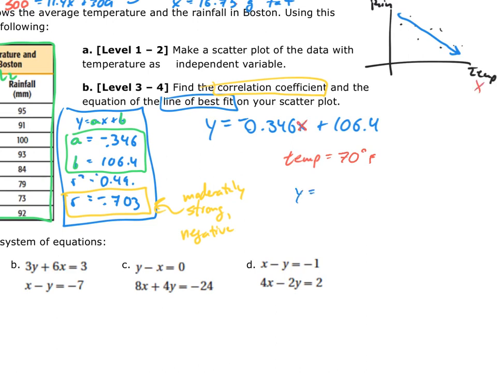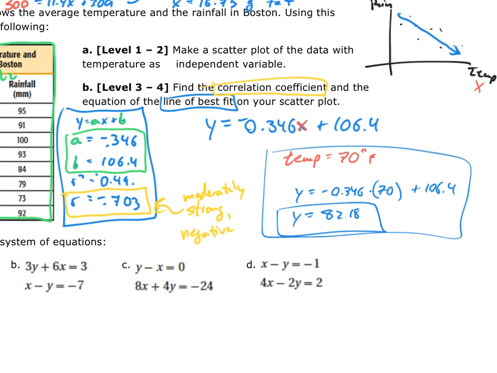This is Y equals negative 0.346 times 70 plus 106.4. I just made up the 70 as an example. So let's try that. Negative 0.346 times 70 equals negative 24 plus 106.4 should give you 82.18. And that would be our rainfall in millimeters. They didn't ask us this question. I just made this up to show you the application.